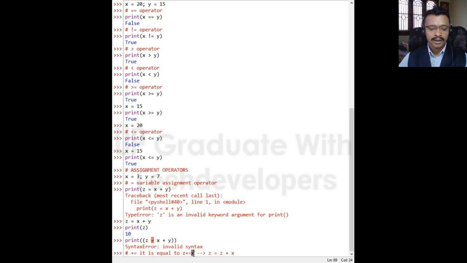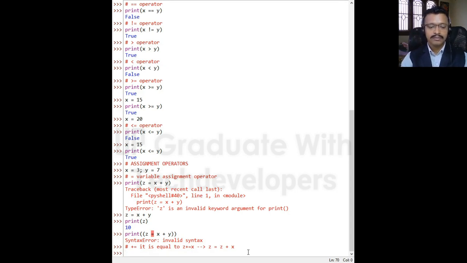It adds right operand x to the left operand z and assigns the result to the left operand. So the left operand is nothing but z. So the result will be assigned to the left operand. So this is nothing but the add and assignment operator.